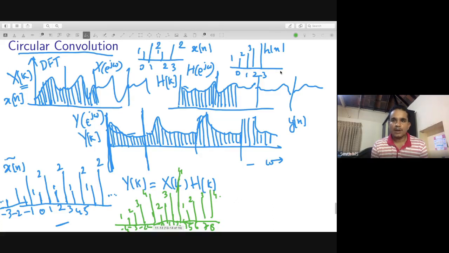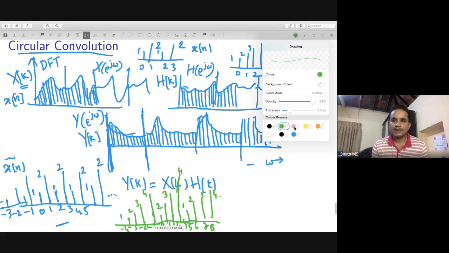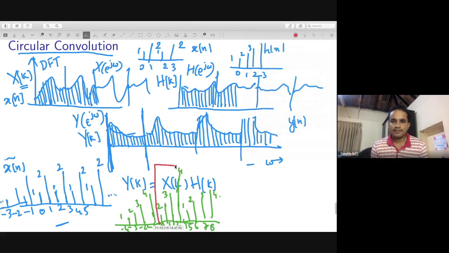So if you are considering only this portion and a shifting happens, this 4 will come to this point, this will shift to this point, like that. So your new waveform will be, at 0 you have 4, at 1 you have say 1, 2, 3.